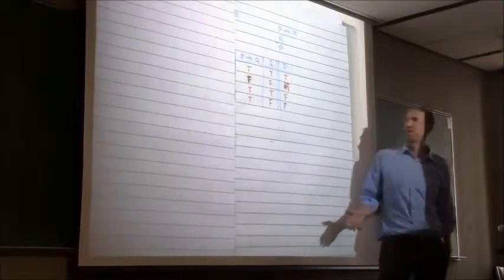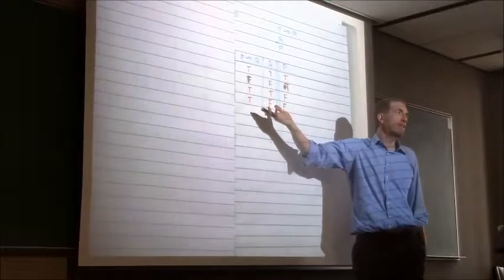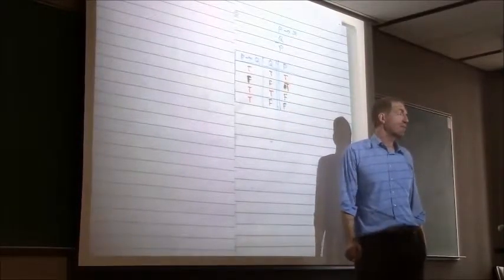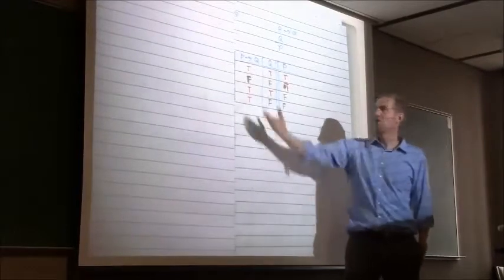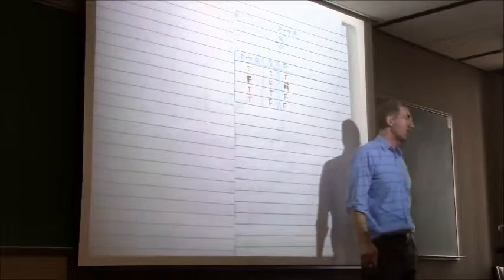Because what you're looking for is a line where all the, in this case, there are only 2 premises, but there can be 30 premises. I wouldn't do that to you, but it's possible. In that case, all of the premises have to be true at the same time, and the conclusion has to be false.